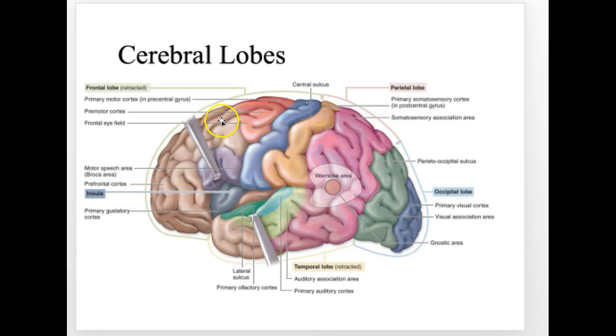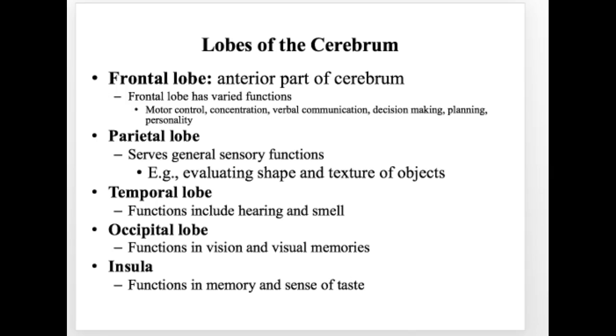Again, the cerebrum is made up of 5 lobes: the frontal lobe, the parietal lobe, the temporal lobe, the occipital lobe, and the insula within. The frontal lobe has varied functions.